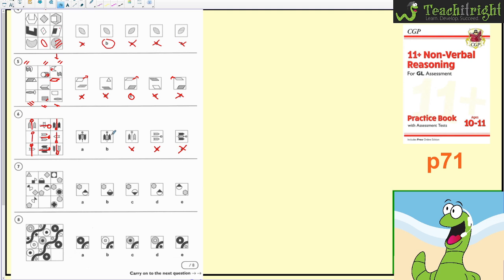Well, up, down, up. Right, left, down. Right, left. We've not had an up or a down. So I'm actually not sure with that one what the pattern is. Let's give another think.